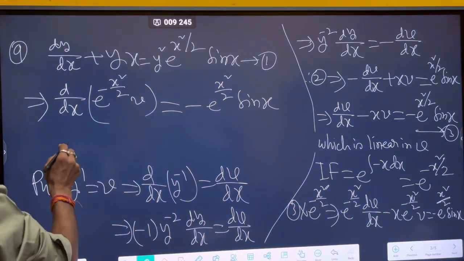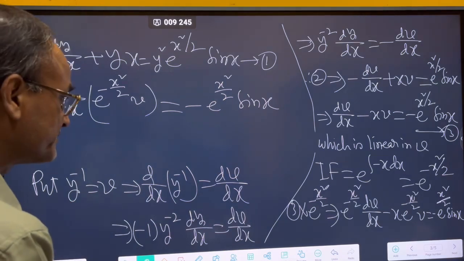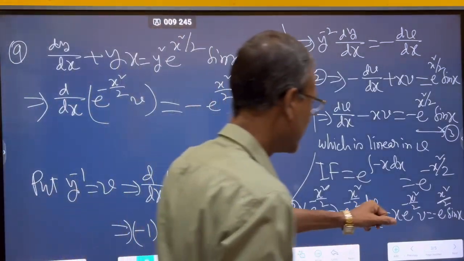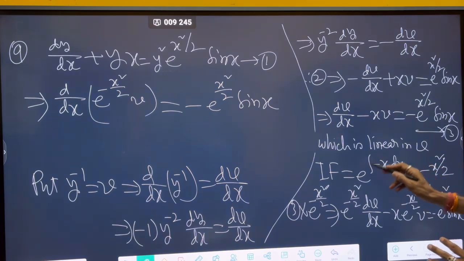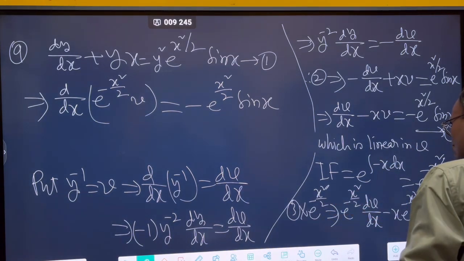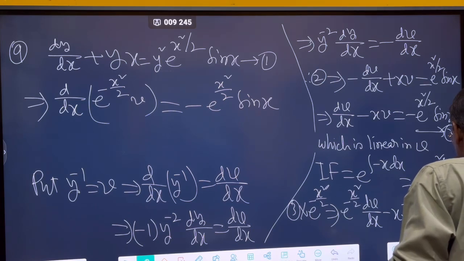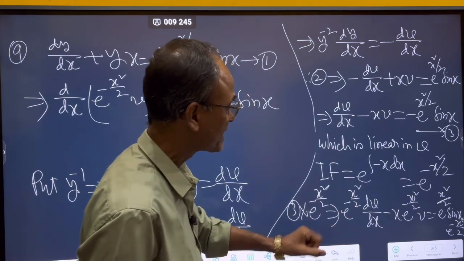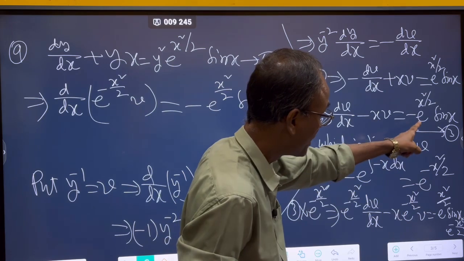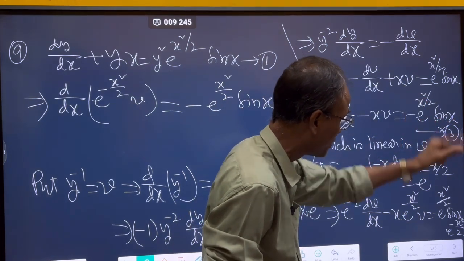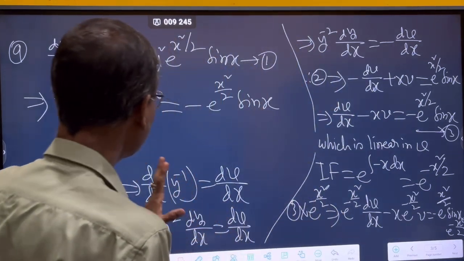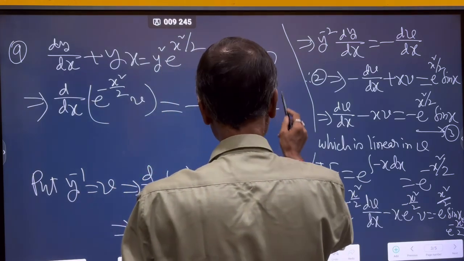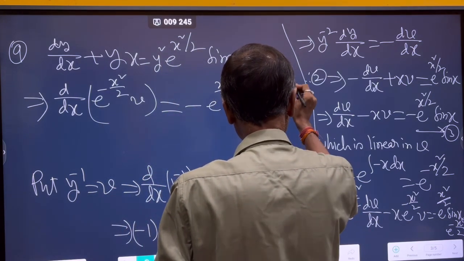Multiplying by e to the power minus x square by 2, we get e to the power minus x square by 2 dv by dx minus x e to the power minus x square by 2 v, and on the right side minus e to the power x square by 2 sin x multiplied by e to the power minus x square by 2.